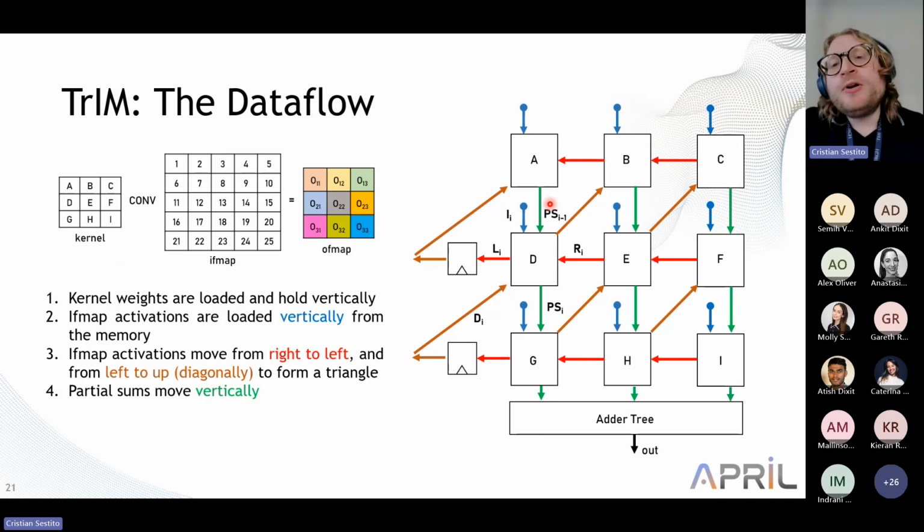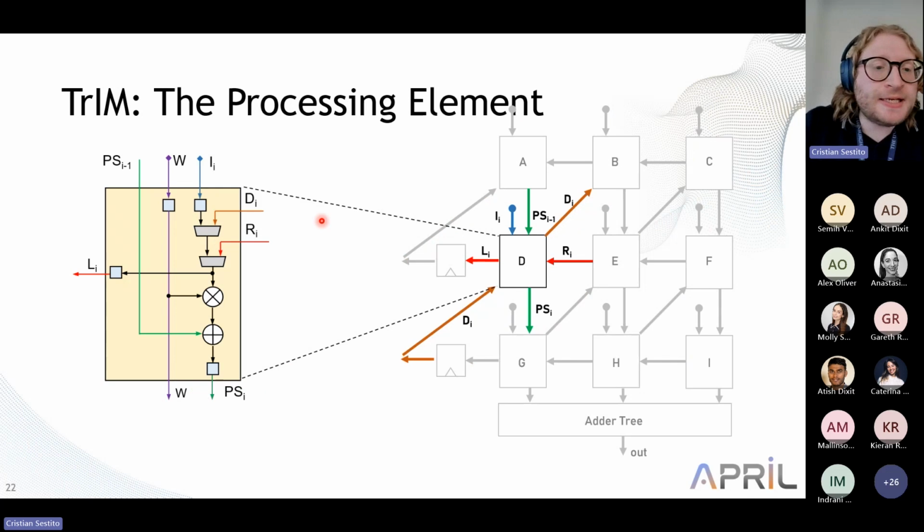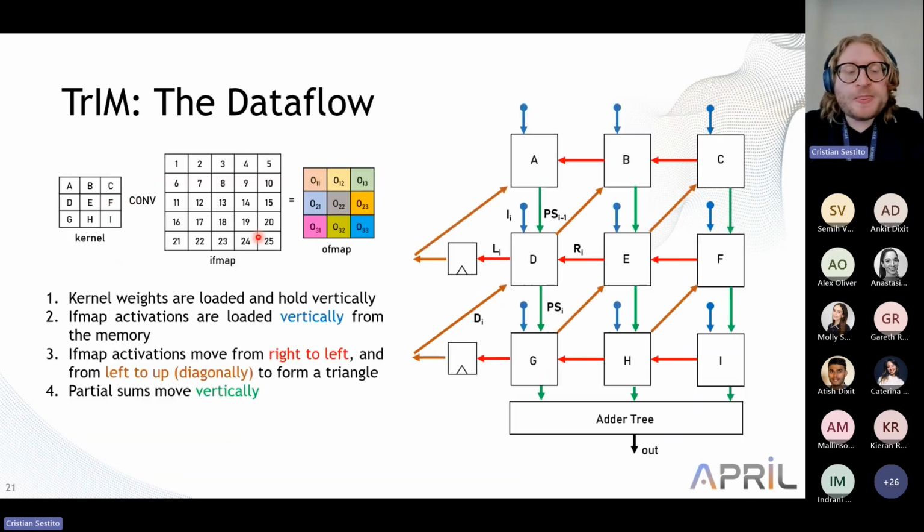We enable different types of local connectivity from one processing element to another in order to share data in multiple directions. The composition of the processing element is fairly straightforward. We have basically a multiplier, an adder, a few extra registers, and some multiplexers to identify the path, the direction from which we receive the data.